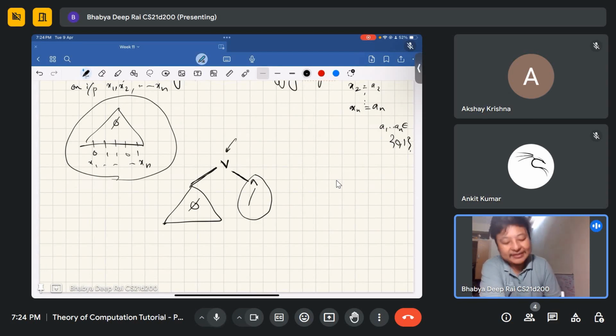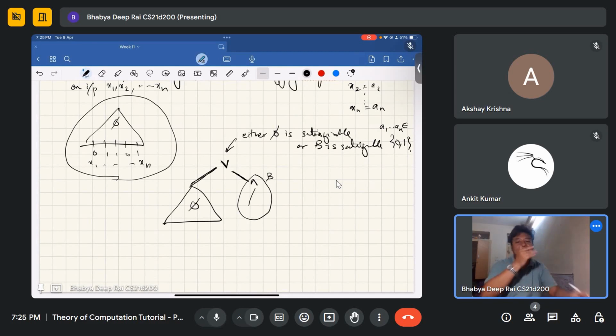For this new circuit to be satisfied, either phi is satisfiable, or this other part, which I'll call B, is satisfiable, or both are satisfiable, no problem, because it is an OR gate.